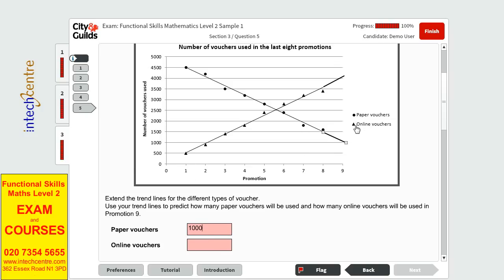Now for online vouchers, we have the blackened triangle, and again it would be 4,100, maybe somewhere there, maybe even 4,200. Either of them are correct. It doesn't have to be super specific as long as you are in the correct range.